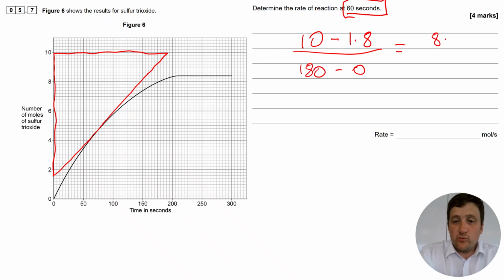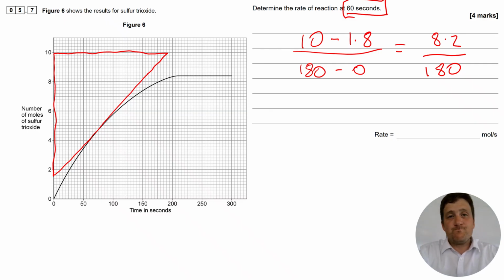Okay, so that's going to be 8.2, divided by 180, and that's going to be our value. Simple as that. Now you're saying, well, I didn't get those exact values, and you're totally right. This is what's good about a tangent, is you're allowed a lot of leeway, essentially.